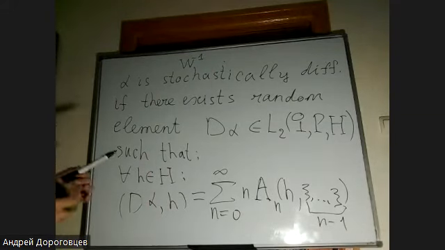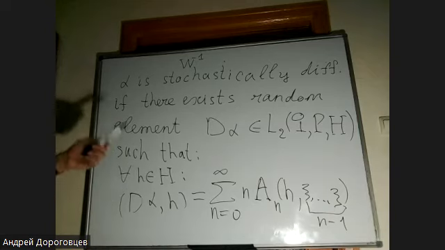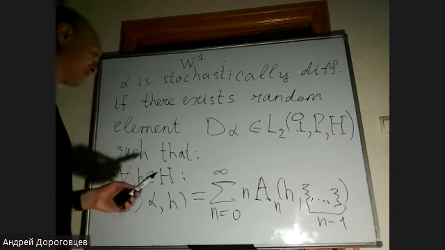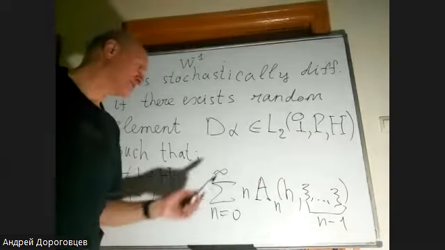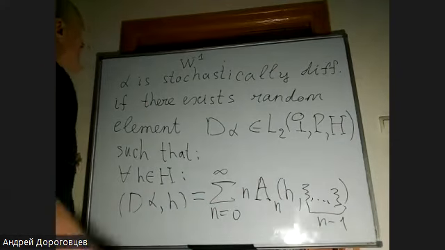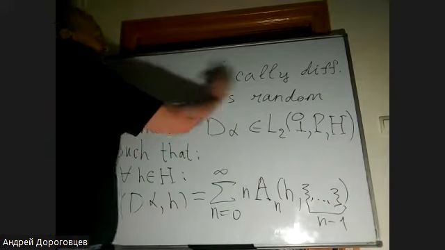And now one can say again that this set W1 is dense in the set of all random variables. It's easy to see because a finite sum of finite elements has a stochastic derivative. So then one can define the adjoint operator.